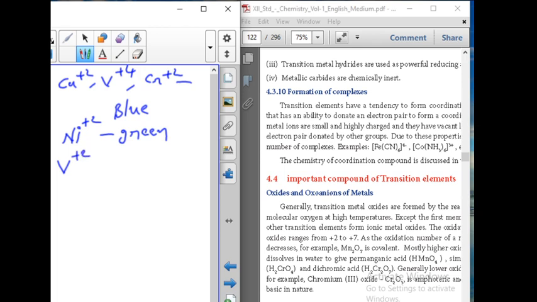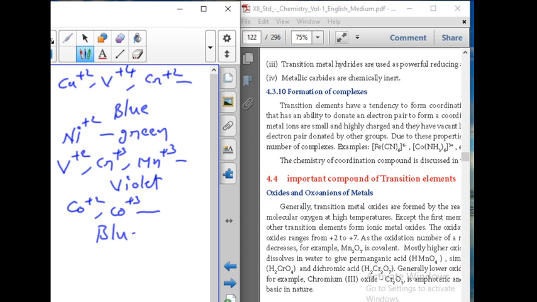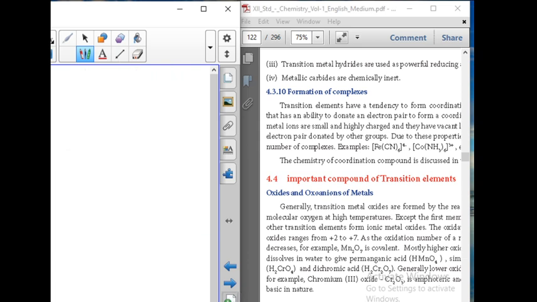Vanadium +2, chromium +3, manganese +3, these are violet color. Cobalt +2 and cobalt +3 are bluish pink color. So this is the color property.